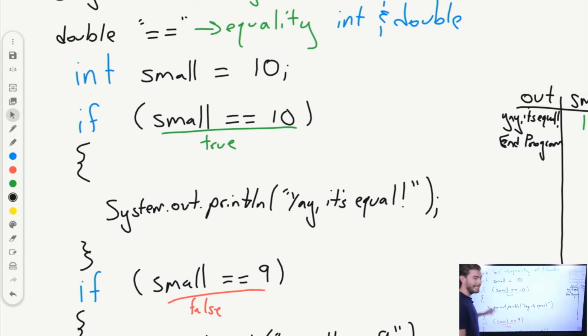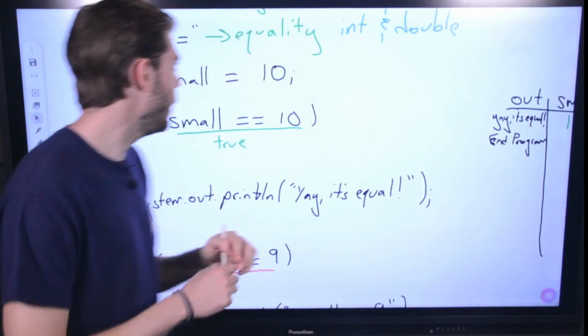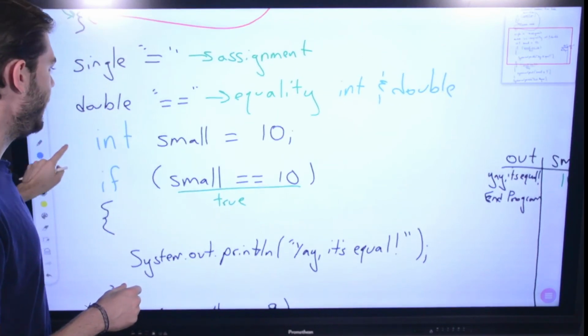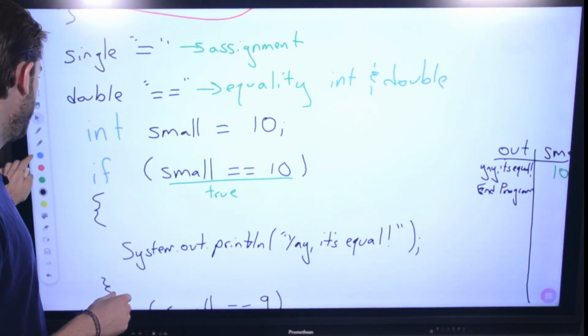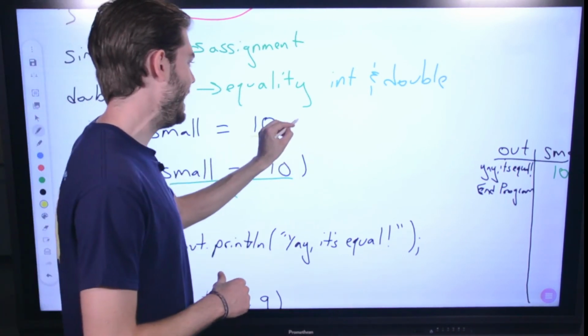Now, for a moment, as a thought experiment, think about what would happen if we flipped the value to 9. Take a moment to think about what the output would be if I changed the value of small to be 9.